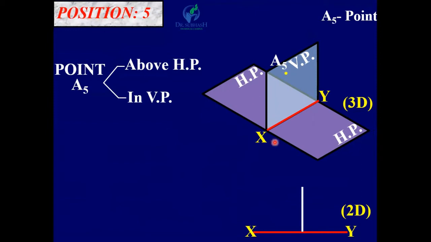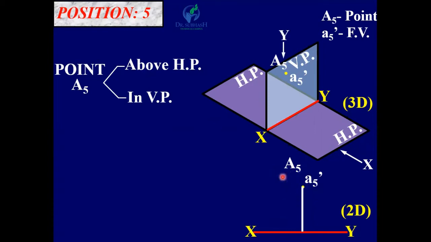So looking from this direction, its front view A5 dash is above XY line. Okay, so here you can say this is the original point and A5 dash. So here A5 and A5 dash both coincide and are the same point.